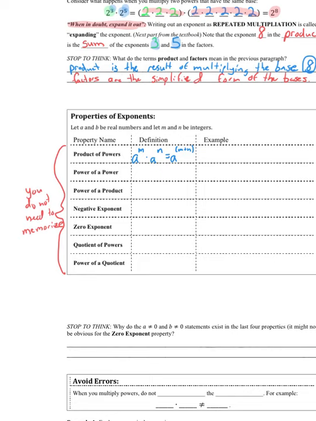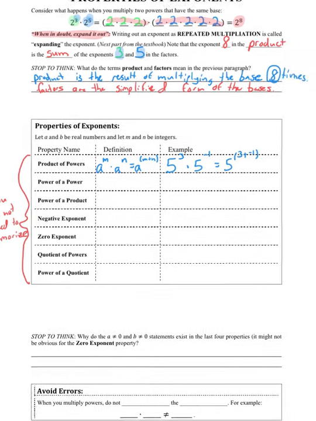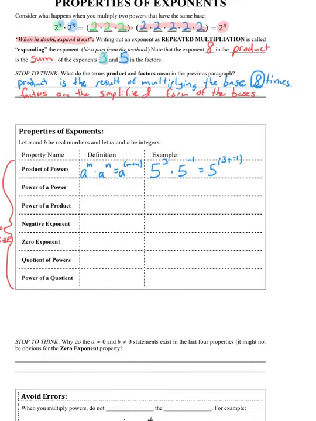Okay. So it doesn't matter what the exponent is, like I could say 5 to the third times, let's say, 5 to the negative first. And that means I would just rewrite this as 5 to the 3 plus negative 1 power. And 3 plus negative 1 is 2, so it's 5 squared.